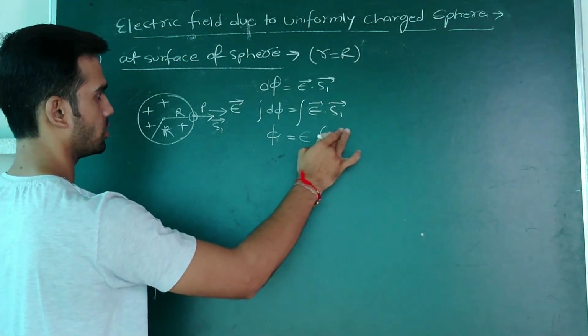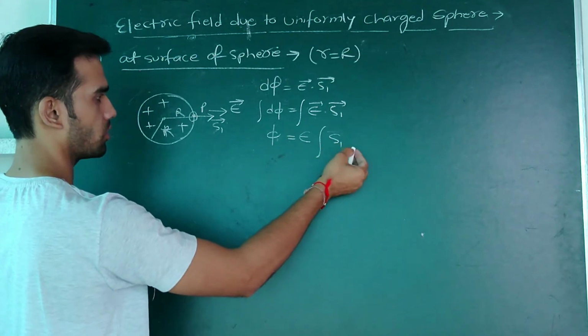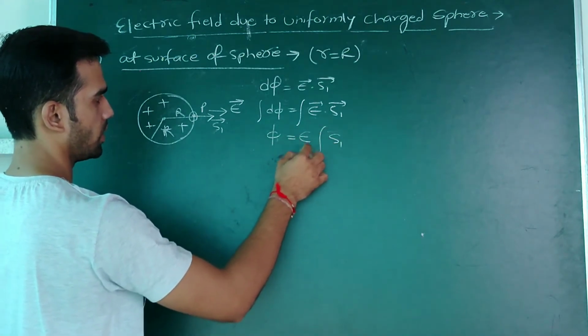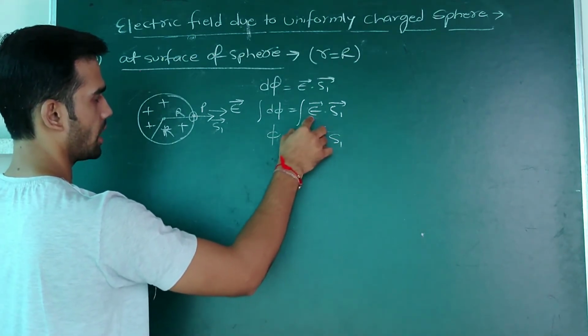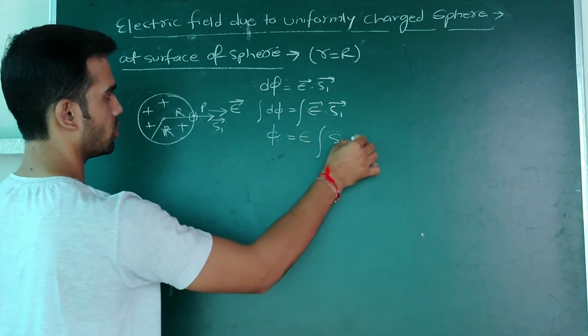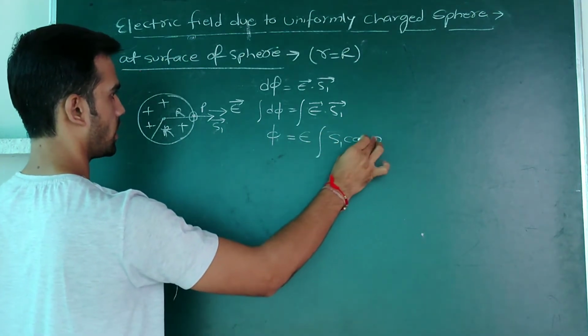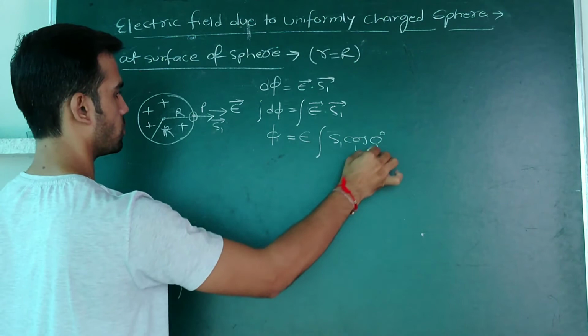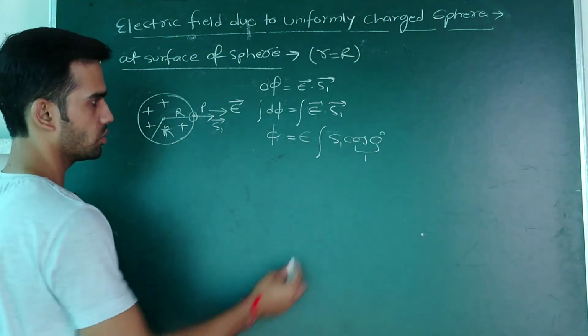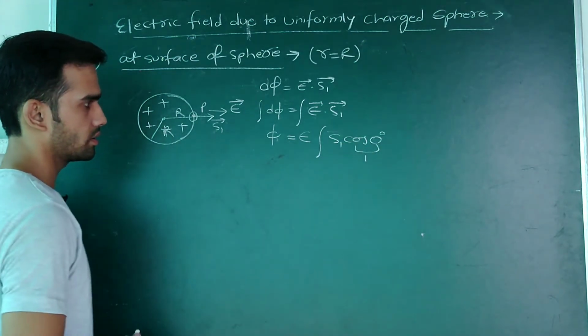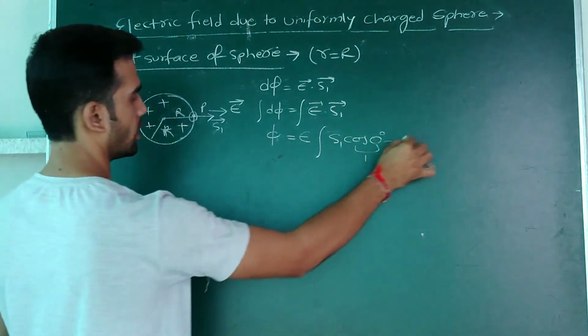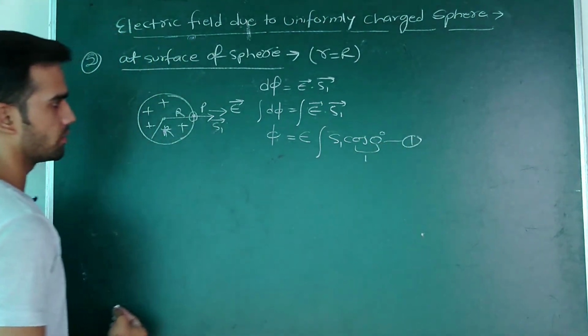Or you can write S1 without vector, because A vector dot B vector equals AB cos theta, so here the value of theta is 0 degrees and cos 0 becomes 1, so you can leave this term, and this becomes equation number 1.